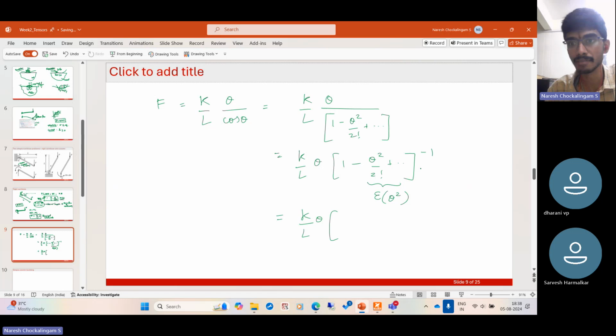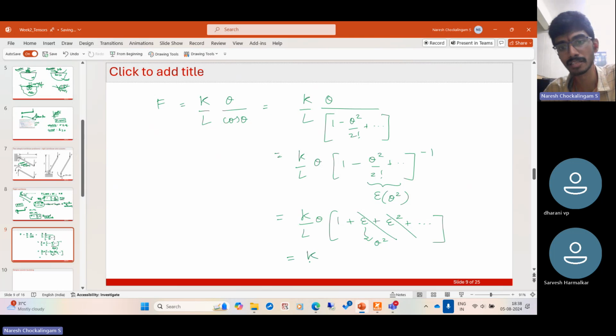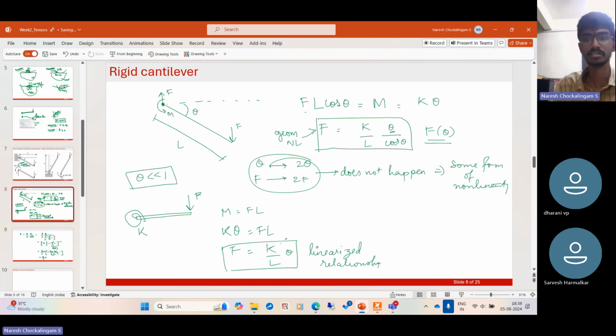So 1 minus something inverse is just 1 plus epsilon square plus and so on. But here epsilon itself is the order of theta square. If you neglect all the higher order terms, you are ending up with k by L theta. Therefore, if you start with a nonlinear equation, you can always linearize it and get the corresponding linear equations, right?